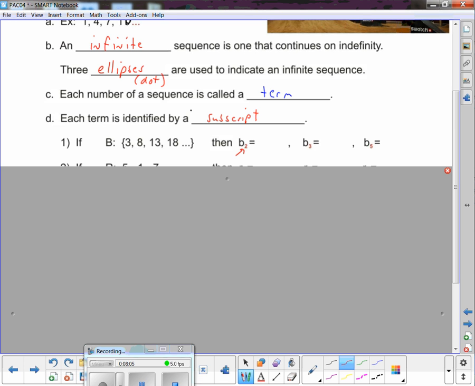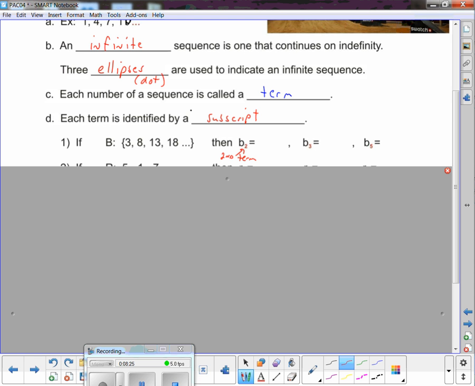What numbered term would make sense? Is B sub 2 going to be the first term? Will B sub 2 be the second term? Yeah, it's the second term. That's all it is.